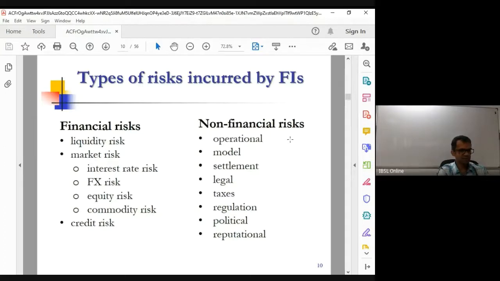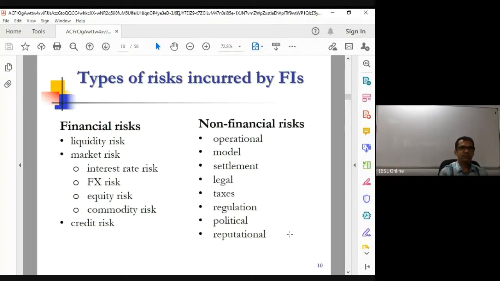But nowadays, cyber risk has become a very important one because there are a lot of cyber attacks and things like that. So therefore, the tendency is to consider it as a separate risk. So if you now look at a book or browse types of risk, there may be cyber risk or IT risk, something like that.